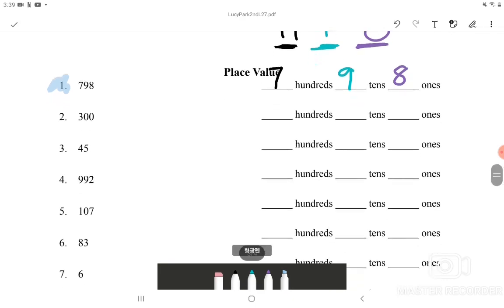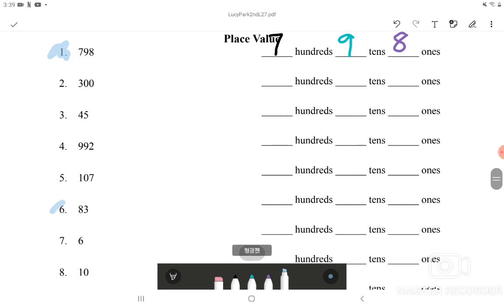Now let me show you another example, which is number 6. Number 6 says 83. Now 83 is not a 3-digit number, so this shows that there are no hundreds, 0 hundreds. And now you're going to fill out the rest the same, the 8 tens and 3 ones.